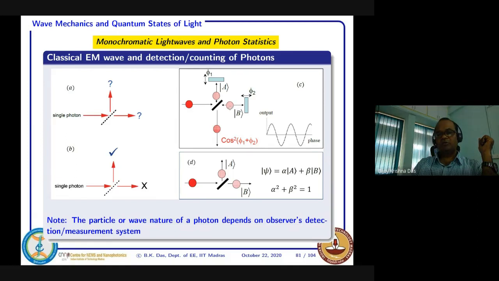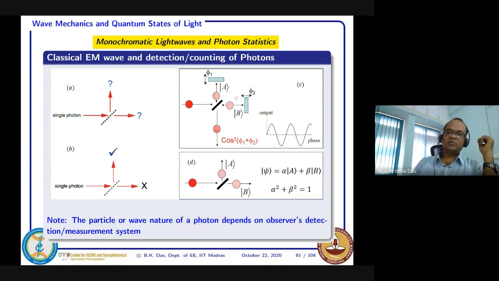Now you have a mirror here, M1, and the round trip phase, say, is phi 1. Classically, we know that if the electromagnetic wave goes there, hits the mirror and comes back, that phase is phi 1. And here also, whatever goes and comes back, the total phase is phi 2.